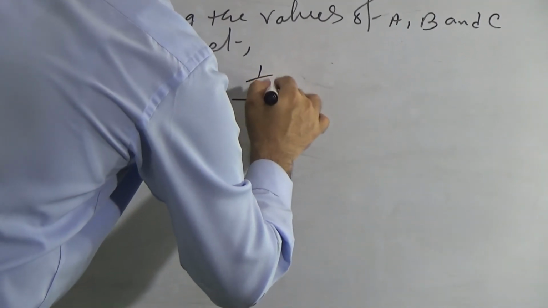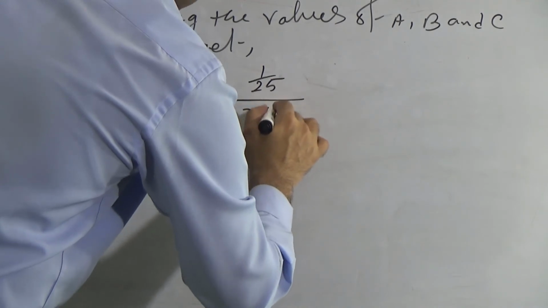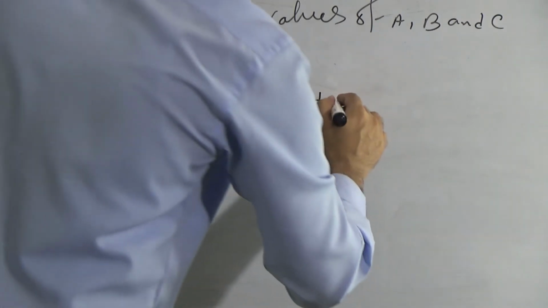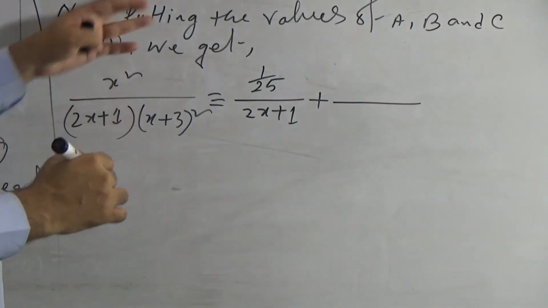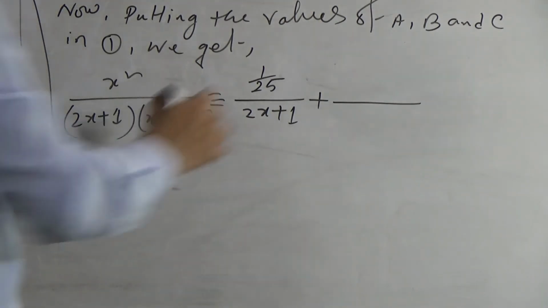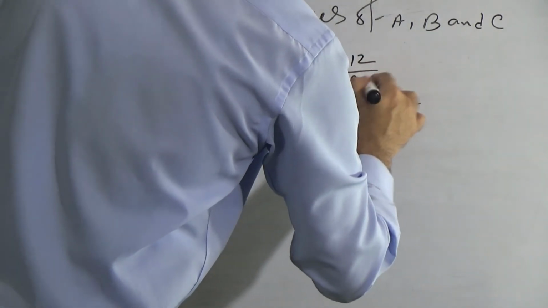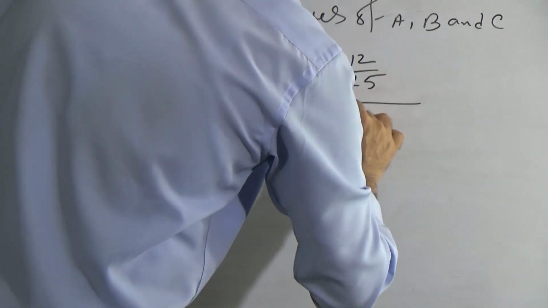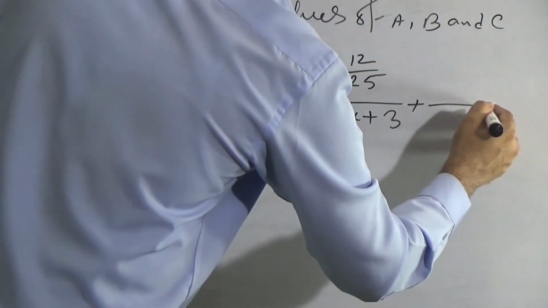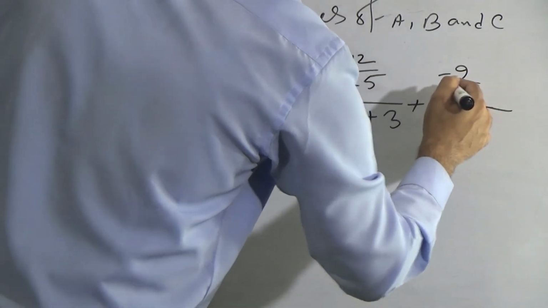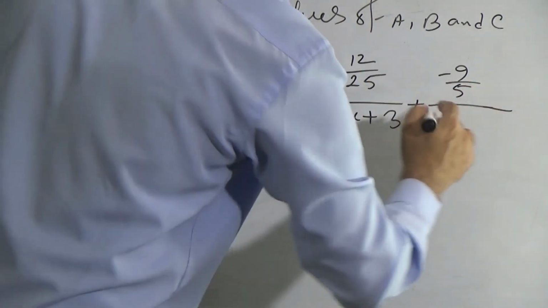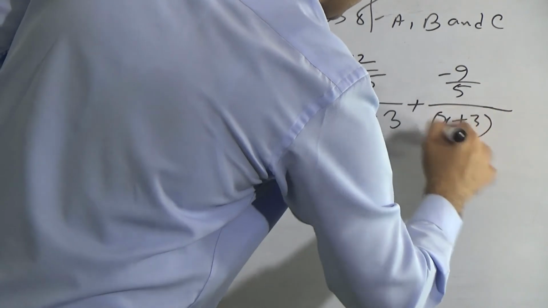So that is 1 by 25 over 2x plus 1, plus the value of B, which is 12 by 25, over x plus 3, plus the value of C, which we determined as minus 9 by 5, over x plus 3 whole square.